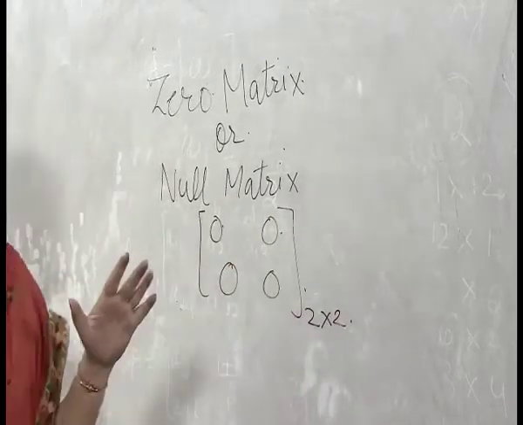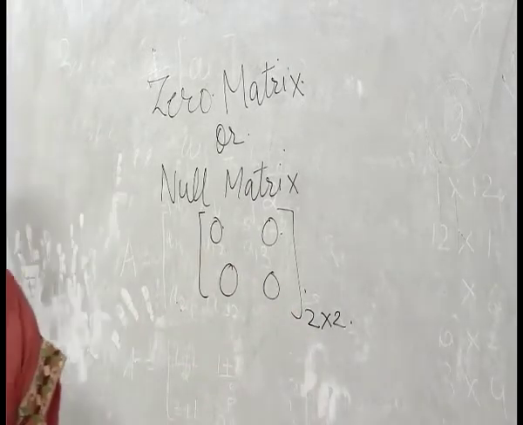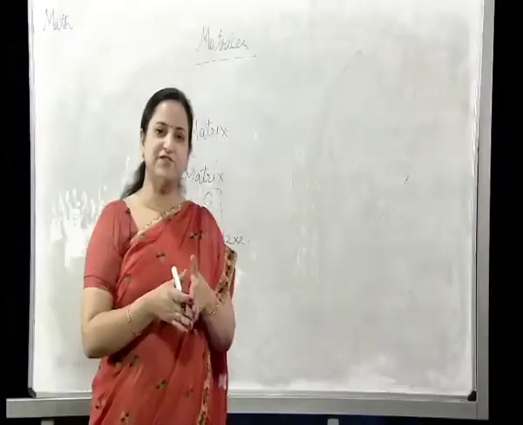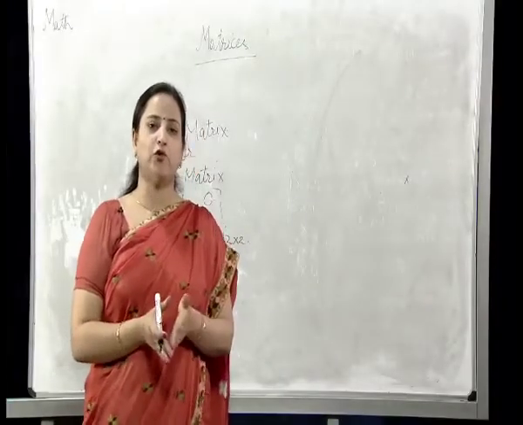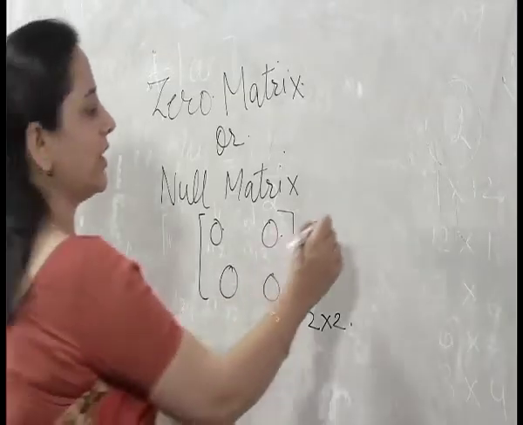Now, you can see this matrix has the same number of rows and the same number of columns. Any matrix which has the same number of rows and columns is called a square matrix.